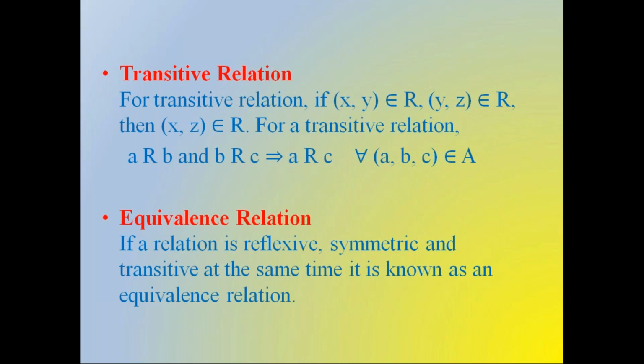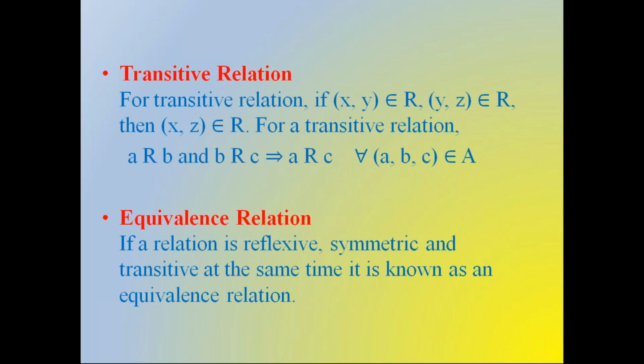It is not necessary that all the elements in the set A must satisfy the transitive relation. If some of the ordered pairs satisfy the transitive relation, then we can say the condition is satisfied.